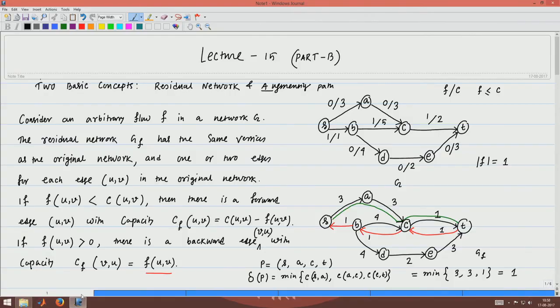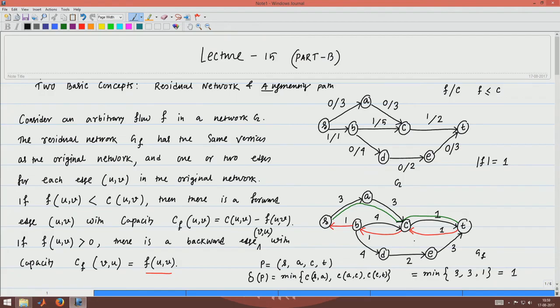So, why do we need this residual network concept at all? For that, let me just go back to the example here.